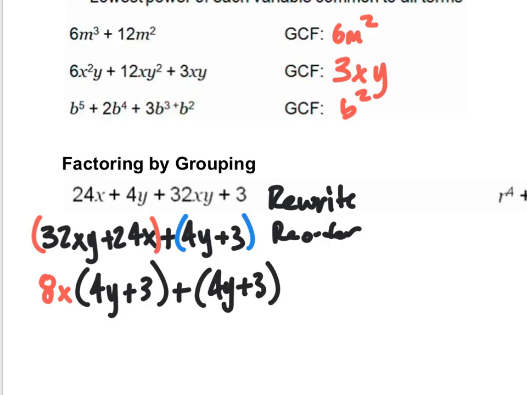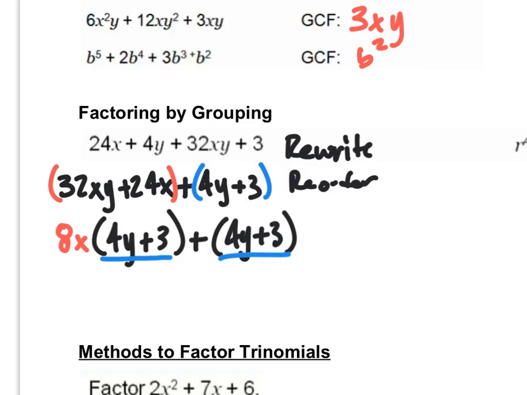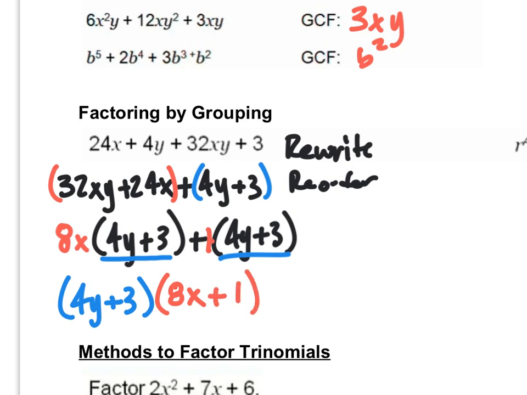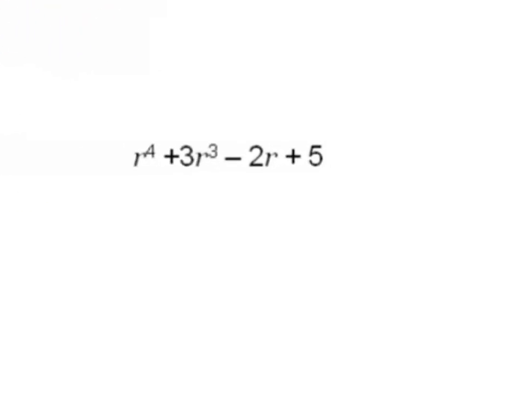But the thing that I need to notice is that I have a common 4y plus 3 in that polynomial. So what I can actually factor out is the 4y plus 3. As a result, you're left with 8x, and then there's a 1 here. You're multiplying that by 1, and it goes out like that. You can really just think about this as distributing the 8x into each of these, and then also distributing the 1 into each of these, and you'd wind up in the same place. Let's take a look at this one over here.